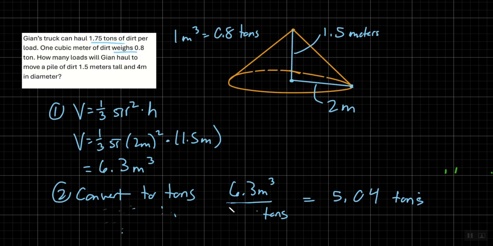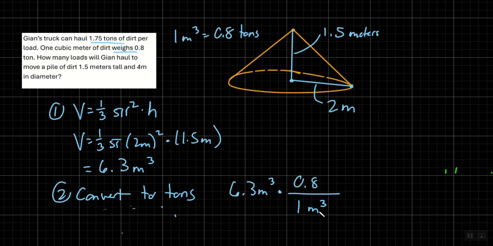Okay. Let's back it up. Let's write it better. I need to take this conversion. I need to multiply it. So I have 1 meter cubed in the bottom. Up top, I need my tons. This is a clever choice of 1, because I said that these two are equal to each other.